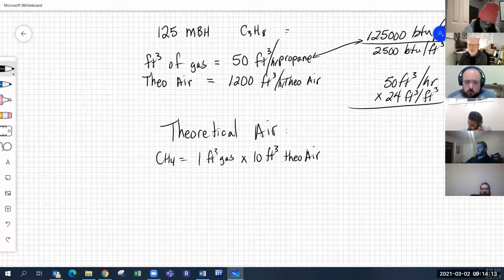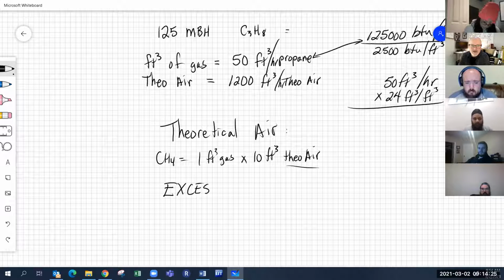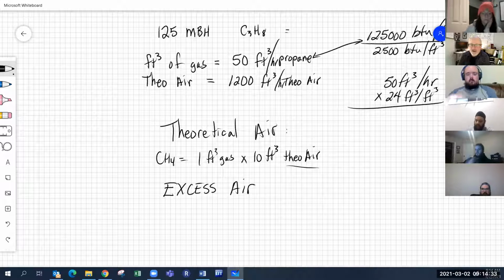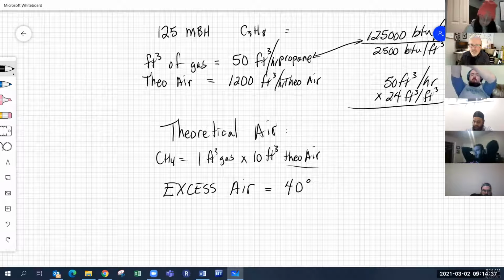Now, this is theoretical. We need a little bit more, and we need something called excess air. We need a little bit more of the theoretical in excess, and we calculate excess air at 40% of theo air.